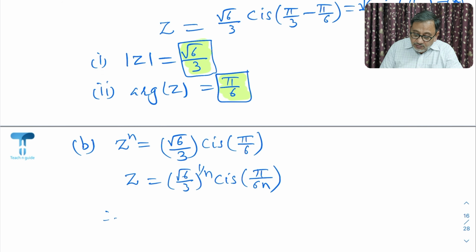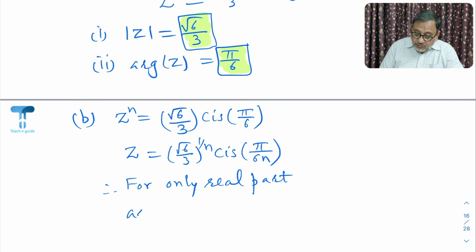Okay, therefore for only real part, are you following me? Argument of z to the power n should give sine equal to 0.